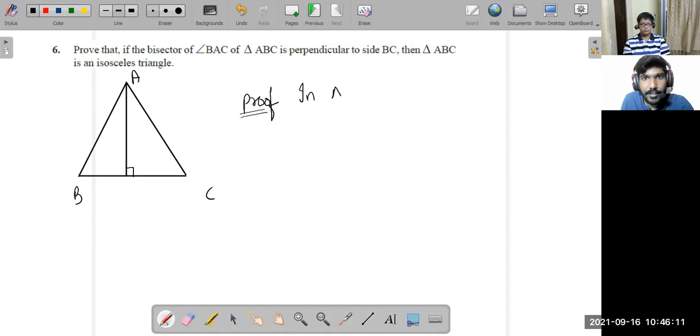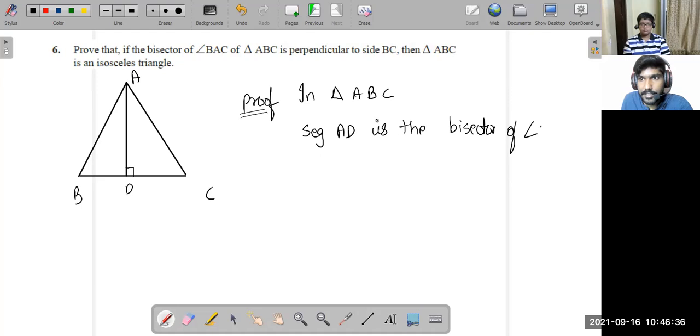In triangle ABC, I'll name this as D, okay? Segment AD is the bisector of angle BAC.